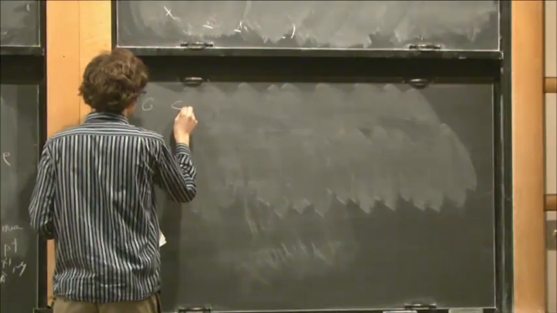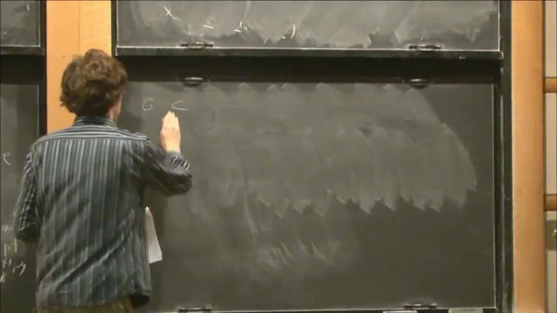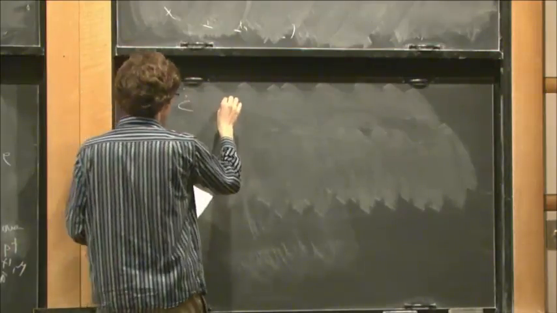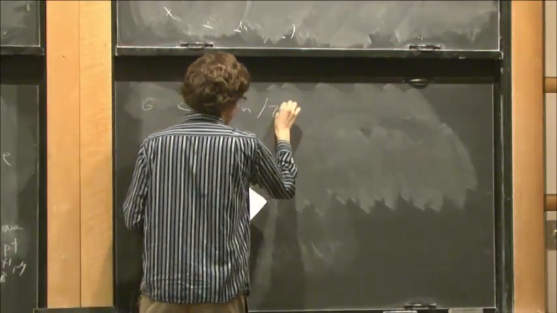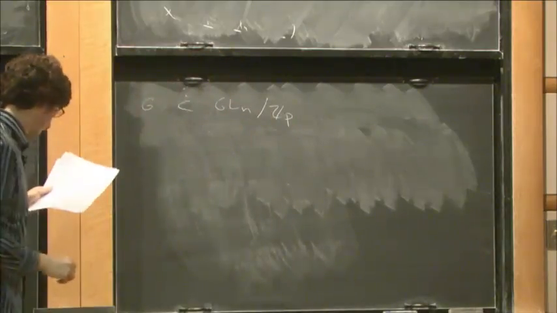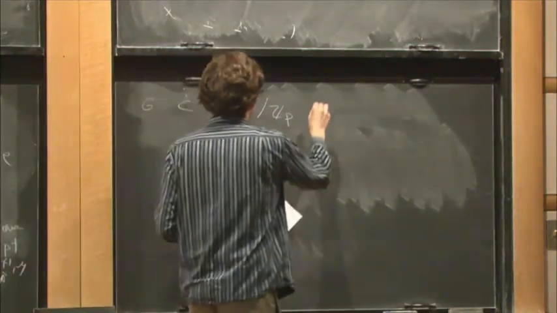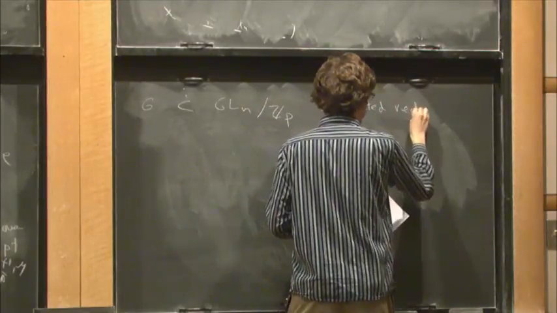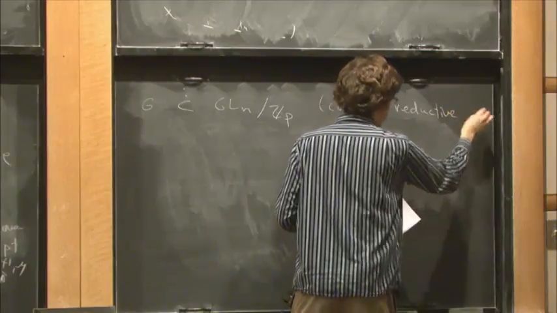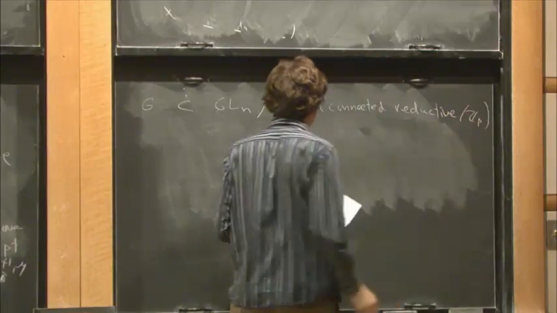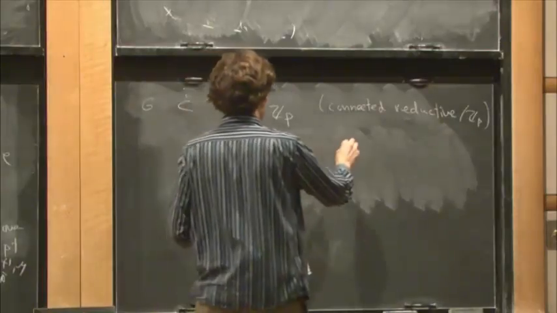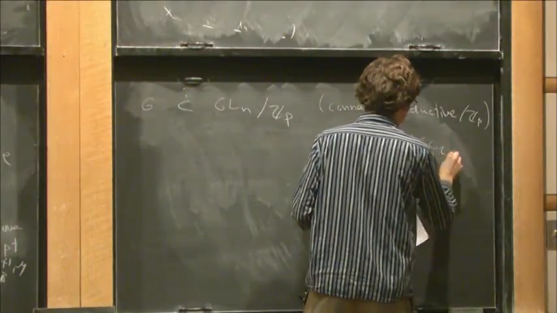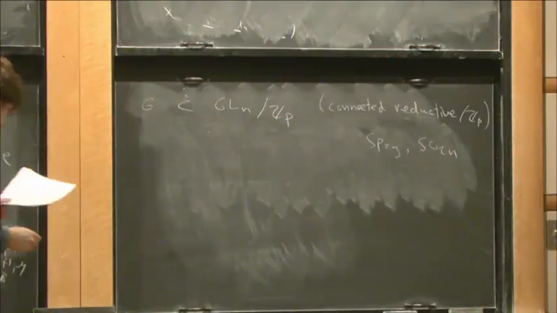So the setup is, now we start with an algebraic group, and for simplicity let's work over Z_p, but that's not necessary, and assume that this is connected reductive over Z_p. You could think, for example, of a symplectic group or orthogonal group.